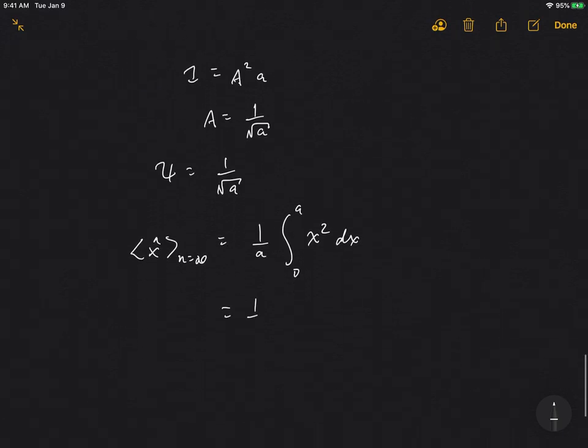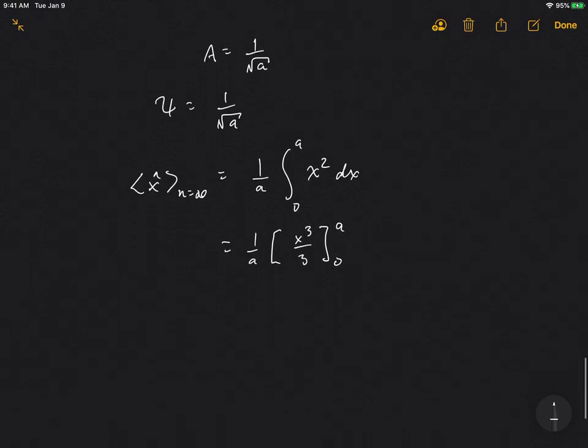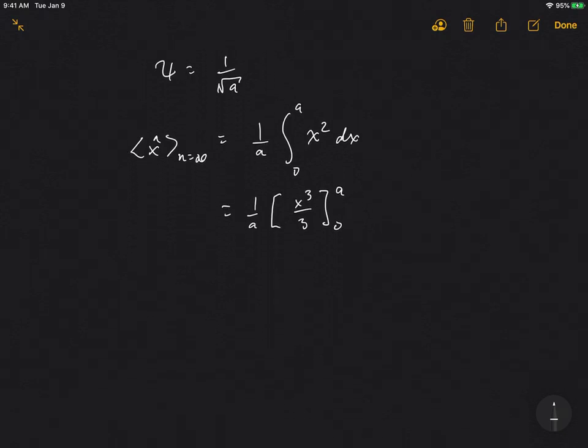And that's going to give us 1 over a times x cubed over 3, evaluated at 0 and a. It's going to give us a cubed over 3a, which is a squared over 3. Now that's interesting. So that's a nice simple expression.